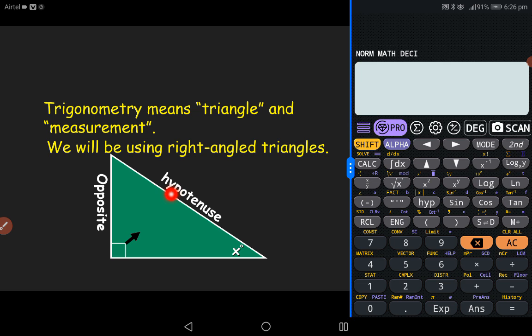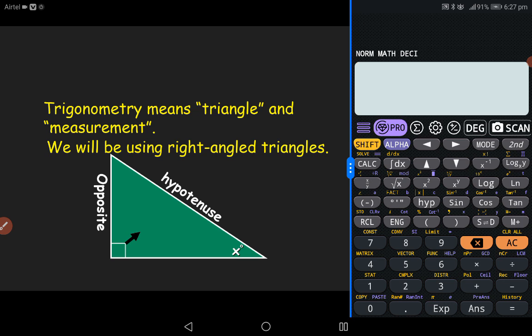The side directly opposite the 90-degree angle is called the hypotenuse side. The side directly opposite the given angle is called the opposite side. I hope we are together there.